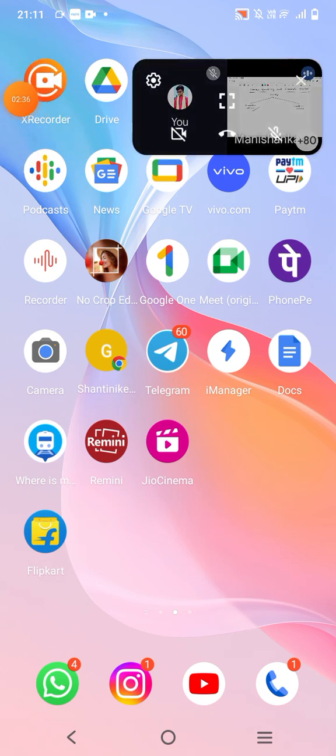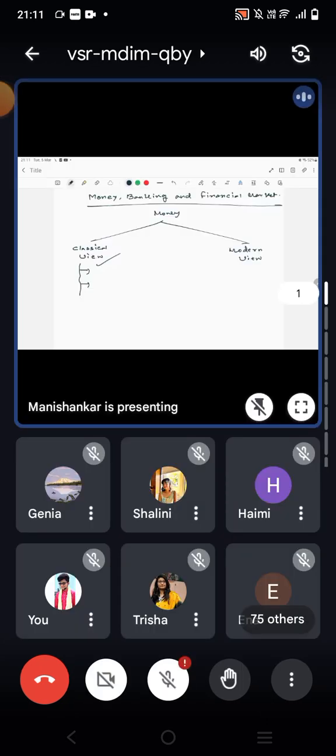The classical view means you can split all the variables into two parts, real and nominal. So you know what is a real variable? Real variable means when our money supply rises, there is no change in the variable. These are called real variables.